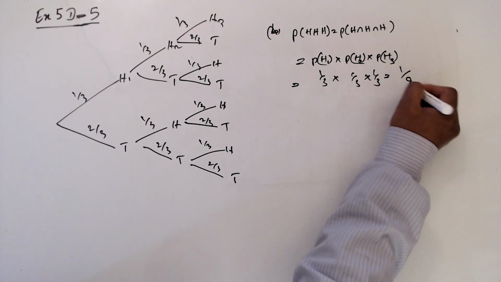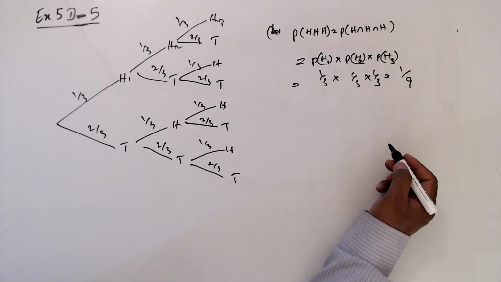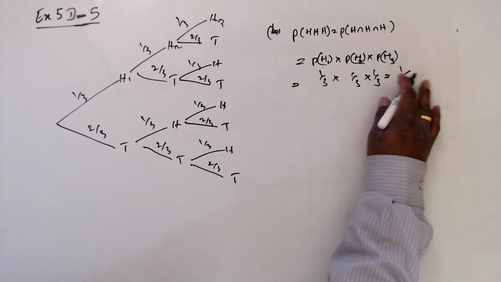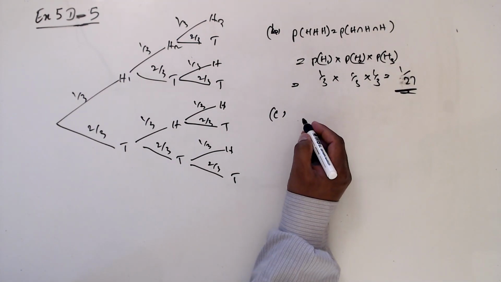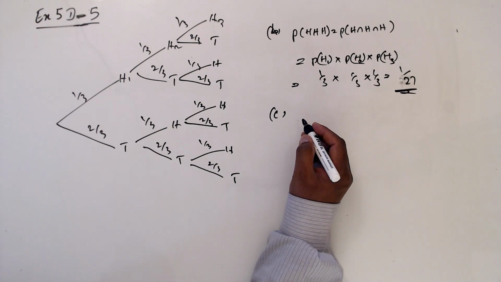So this is 1 over 27. Part C. Find the probability that the coin lands on heads only.